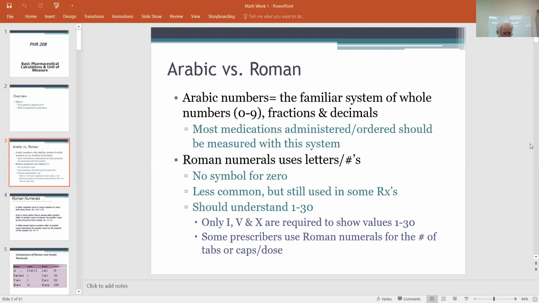One of the things that we do have is the difference between Arabic numerals and Roman numerals. Both are still used. Obviously, Arabic numerals are what we use for almost everyday activities. We call them Arabic, even though the Arabs stole them from India originally.